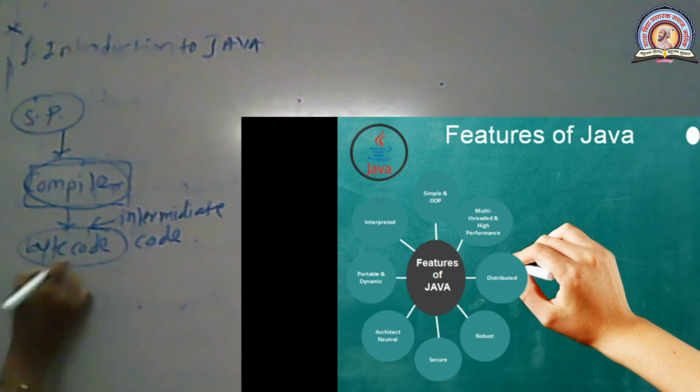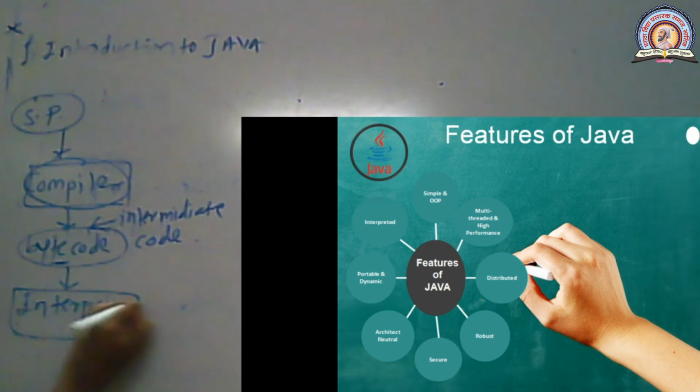And this byte code is given to the interpreter. That interpreter converts it into the machine code and executes it immediately. That instruction is executed immediately. Are you getting the difference between the compiler and the interpreter?